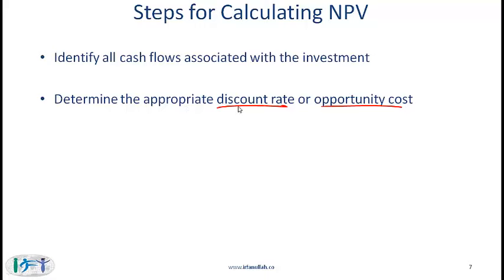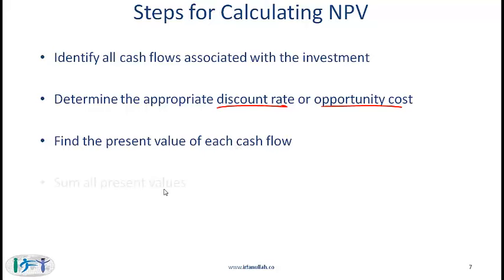Next, we need to determine the appropriate discount rate or opportunity cost. These are synonymous. If you recall the previous reading, we talked about the fact that interest rate can be thought of as a discount rate or opportunity cost. We then find the present value of each cash flow and then simply sum all the present values.